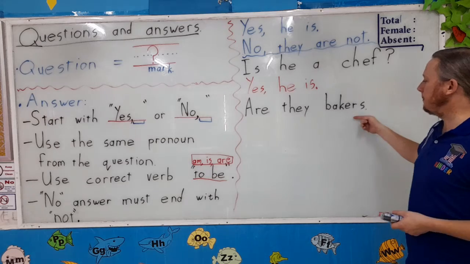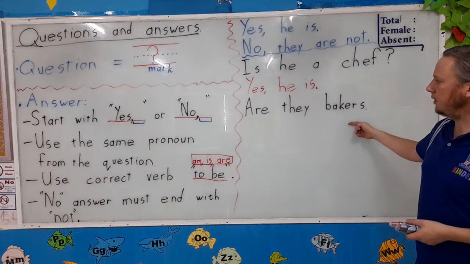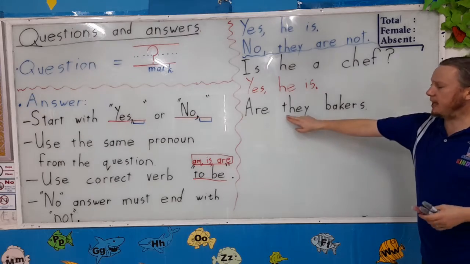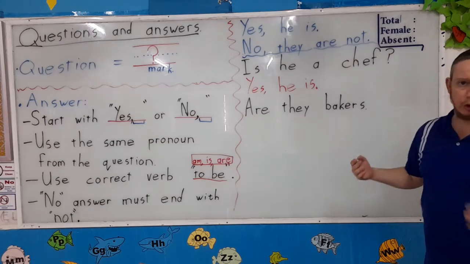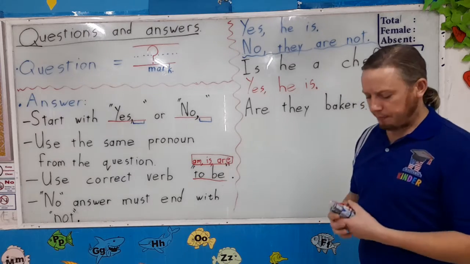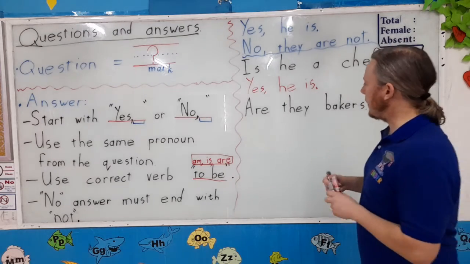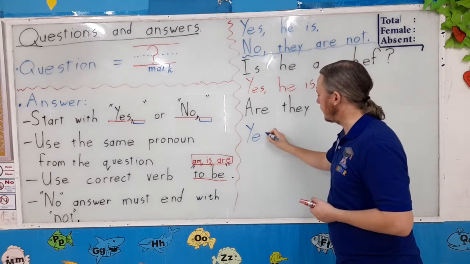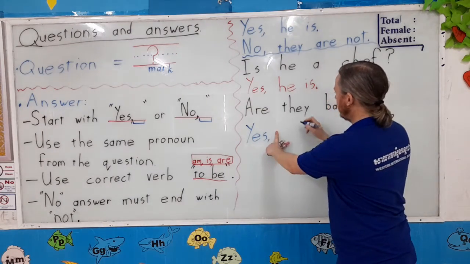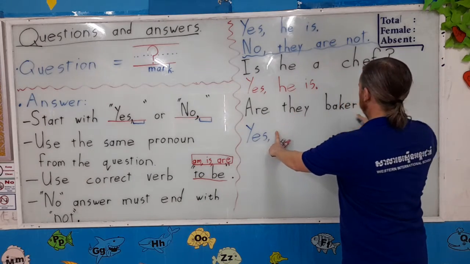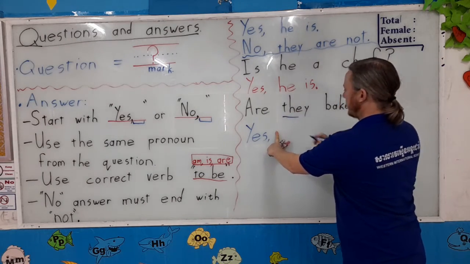Are they bakers? Okay, so let's say we got they is plural, bakers is plural. Whose friend is plural? Are. Let's answer it in the positive first. Are they bakers? Because that's going to be easy. Yes, comma, space. Which pronoun must I use? There it is.